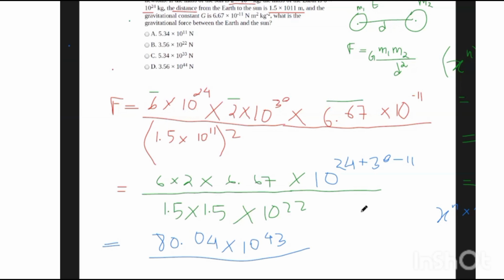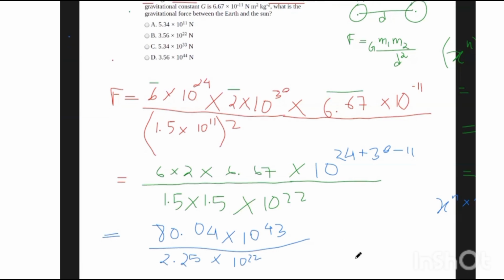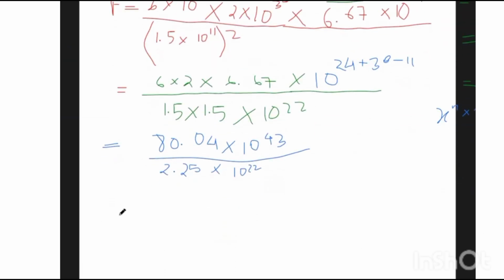So 1.5 times 1.5 is how much? It is 2.25 times 10 to the power 22. Now you can simply divide 80.04 and 2.25. So 80.04 divided by 2.25 is 35.57. Okay.